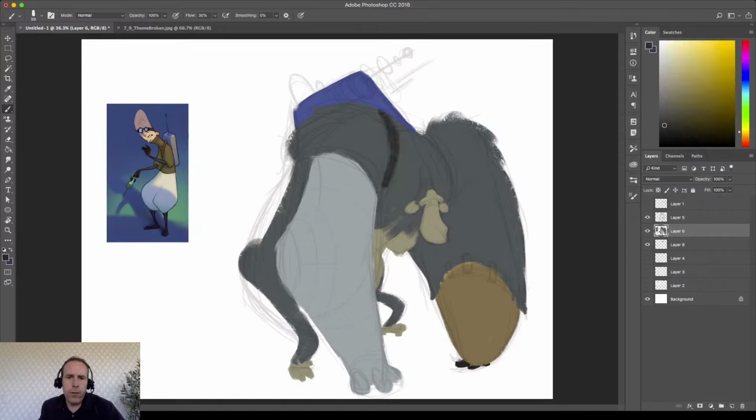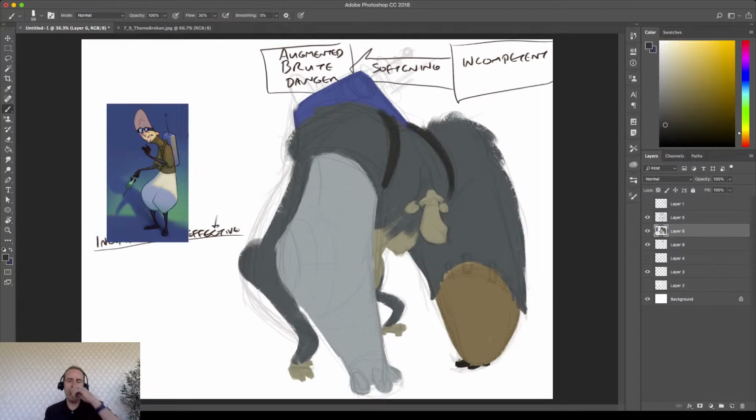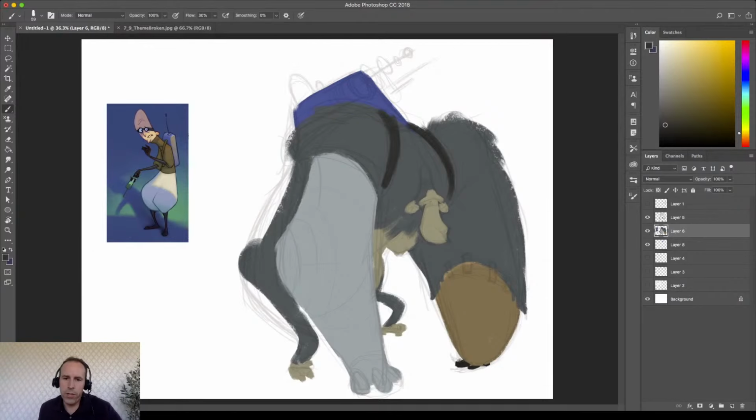All right, so color scheme. I've just been kind of going with my gut on color scheme, but it's time to ask the question, what does this theme mean for the color scheme? So if we go back to this, right, we want a character that feels like this dangerous augmented brute. So is there something we can do with the colors that makes the character feel softened, and specifically softened in a direction of incompetence?